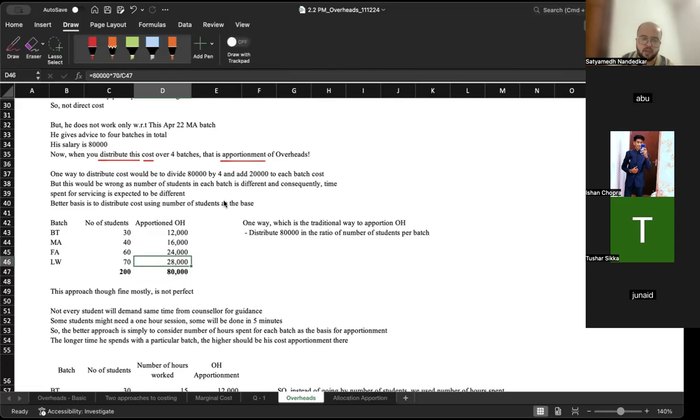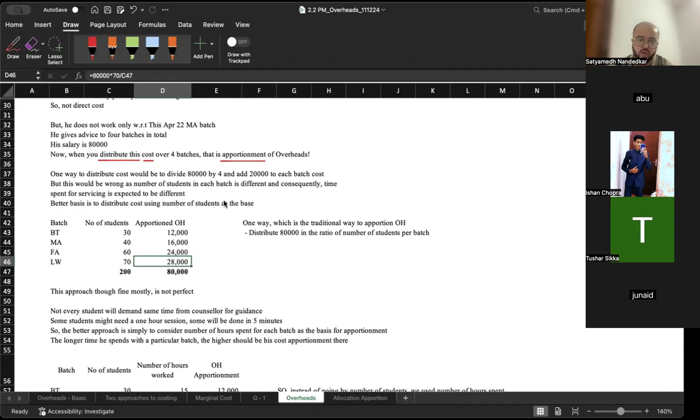This is your total amount of 80,000. So what you did was you distributed the total amount of 80,000 in the ratio of number of students per batch.